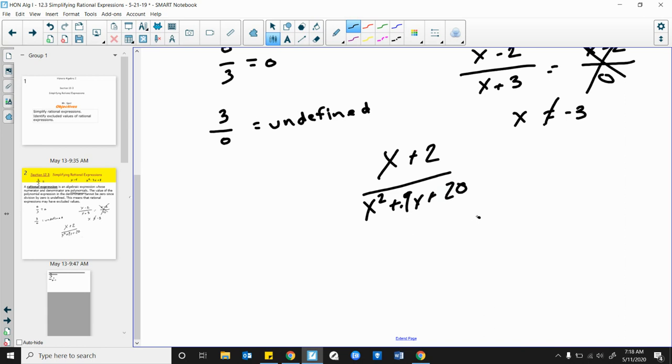So I factor that out. I have x plus 2 over, what multiplies to get me 20 that adds to get me 9? It would be x plus 5 and x plus 4.